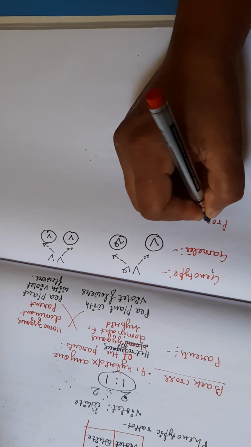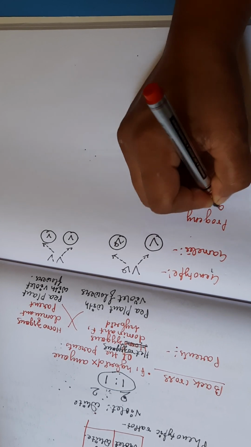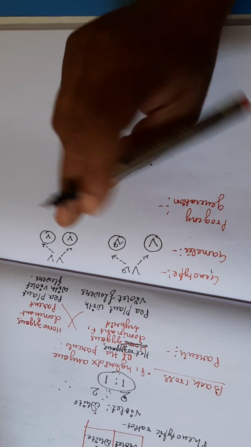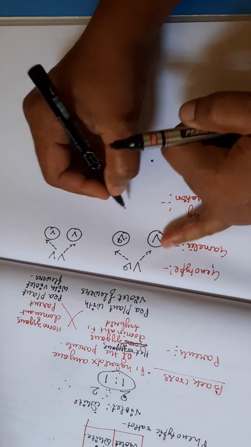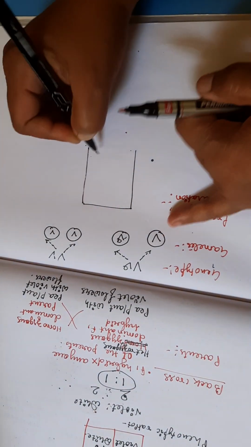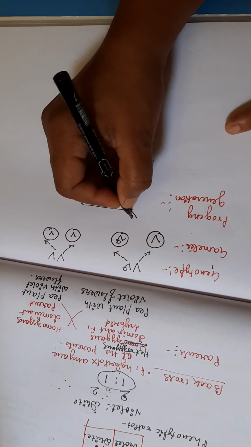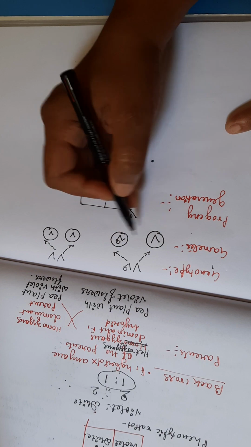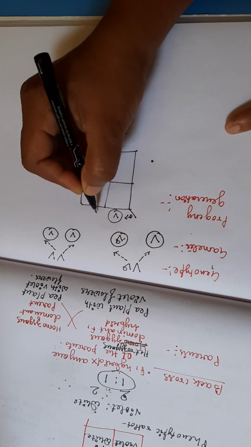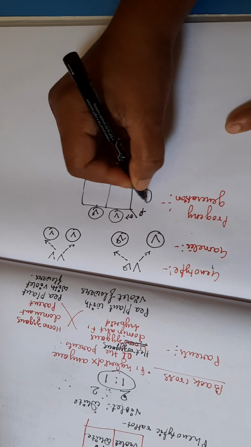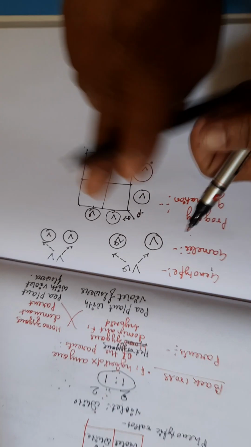So for the progeny generation, let us draw a Punnett square with 2 rows and 2 columns. On the horizontal side we will write the composition of the pollen grains, and on the vertical side we will write the composition of the ovules.